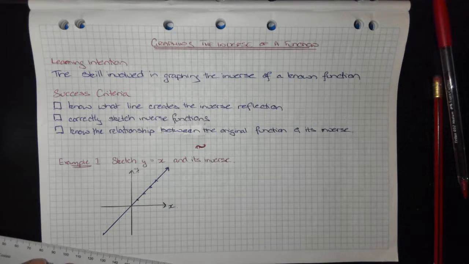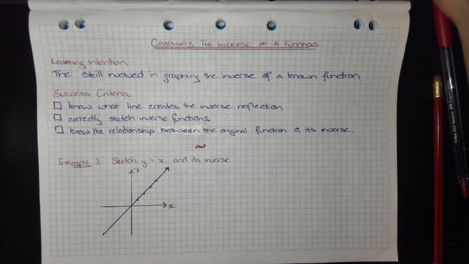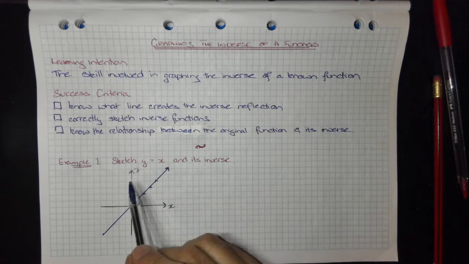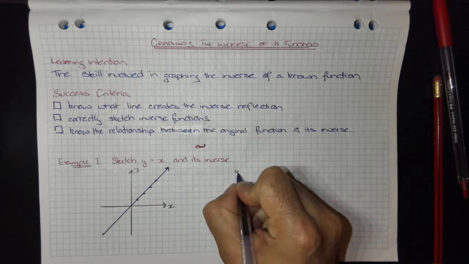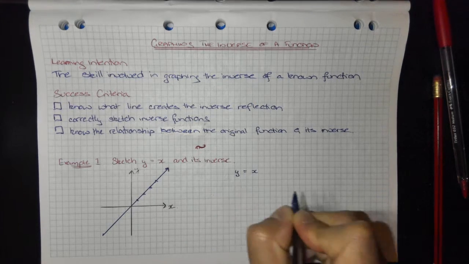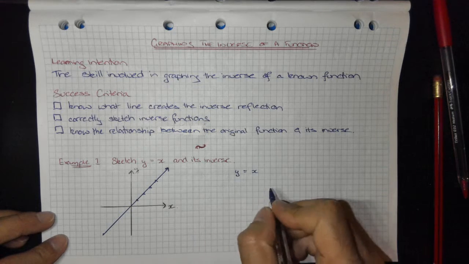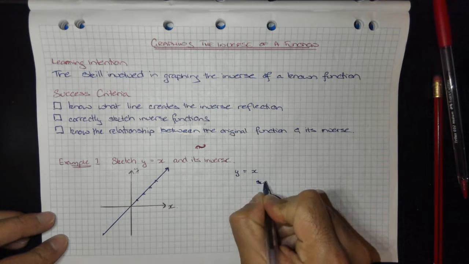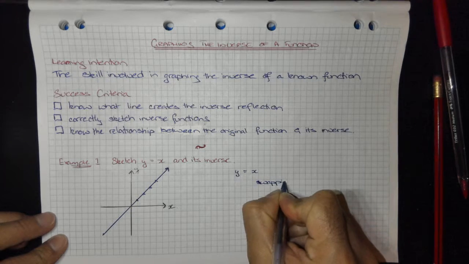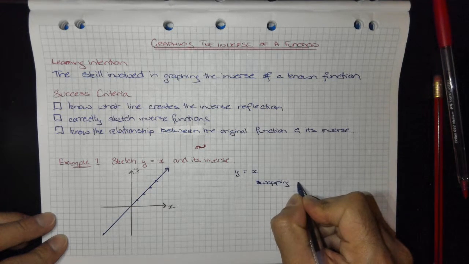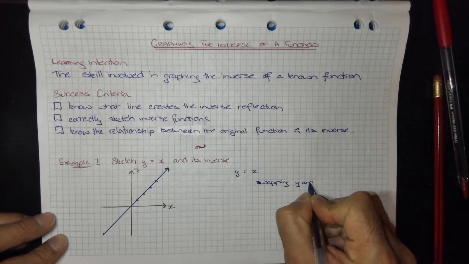Okay, now we've gone through how to do the inverse. So there's your original function, y equals x, and the rule of finding the inverse graphically is swapping the y and the x pronumerals.